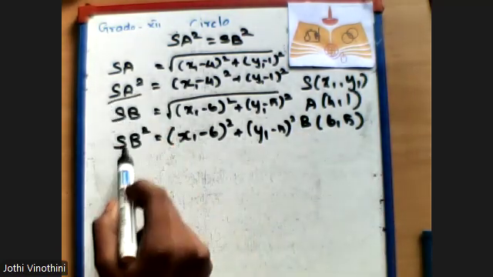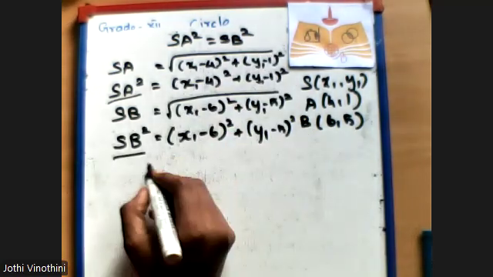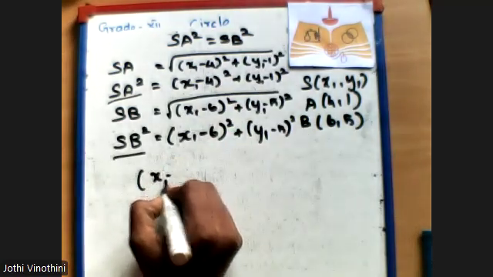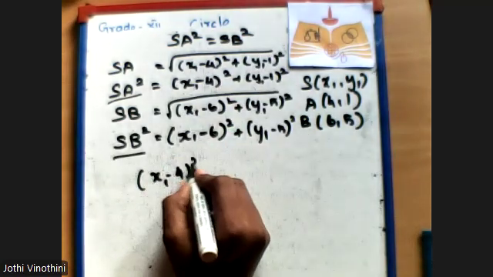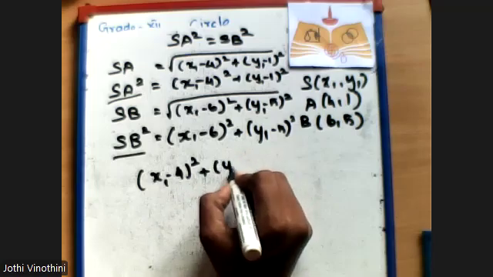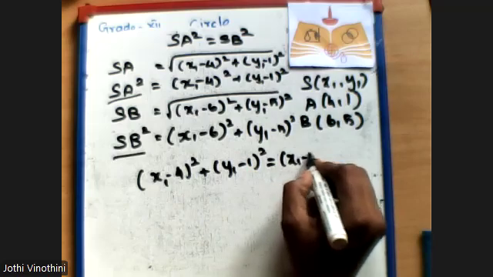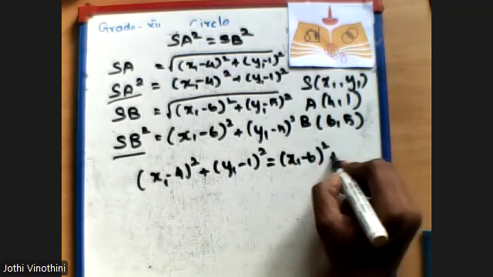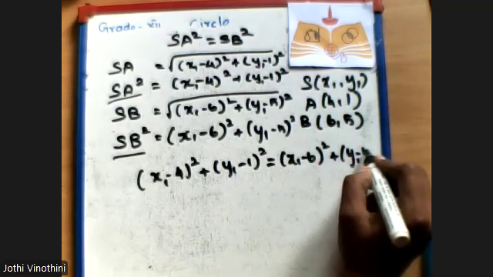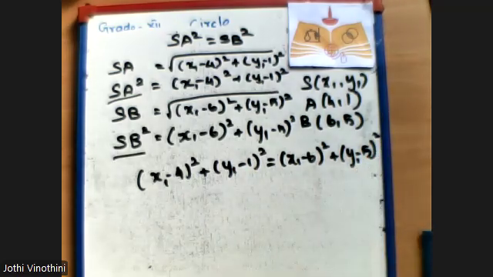Shall we substitute the values of these two into the equation? x1 minus 4 the whole squared plus y1 minus 1 the whole squared equals x1 minus 6 the whole squared plus y1 minus 5 the whole squared.